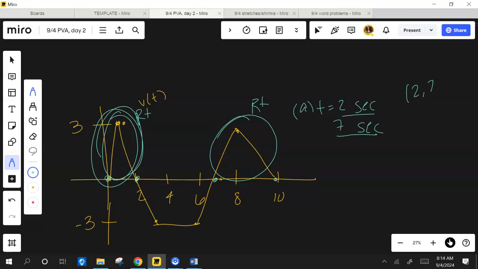So he changes direction at 2 seconds, and then, well, it just depends on the way the problem's written. It doesn't say. Either one's the same thing, though. I always think left, right, unless it tells me otherwise. And then at 7 seconds, he flips back around and he's going right. Or not even flips around. I mean, he stops and then he goes the other way. Does that make sense?